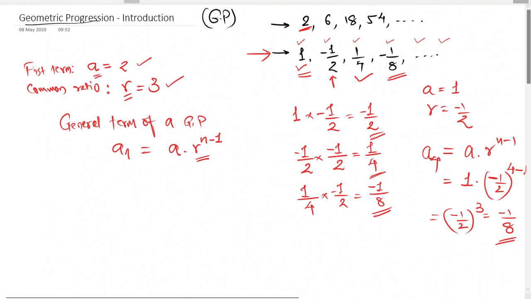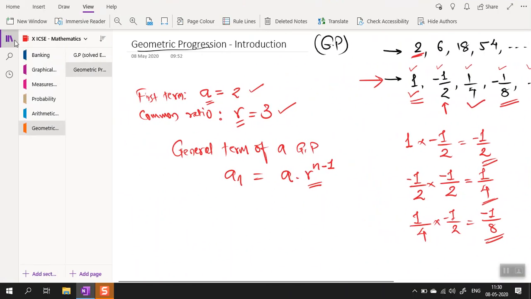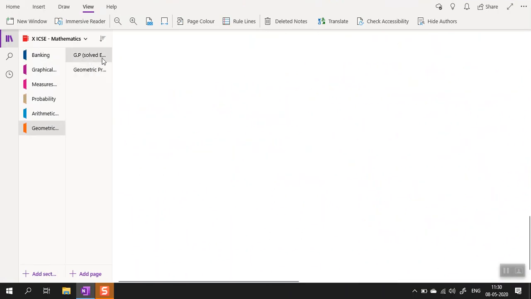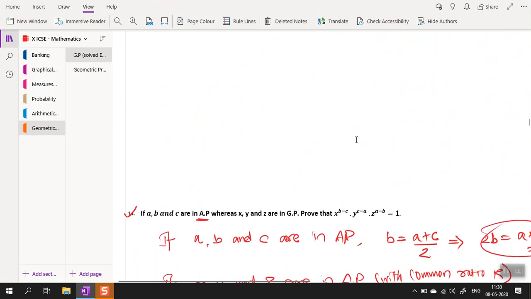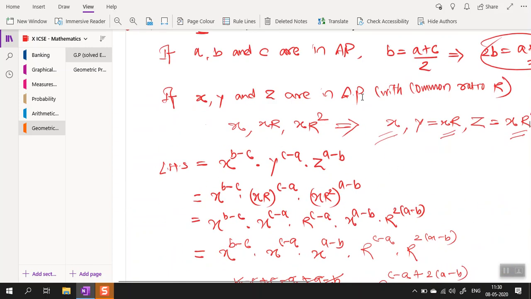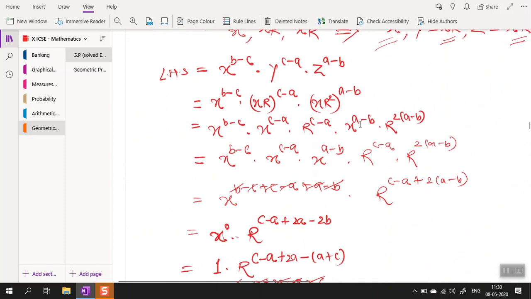Then we solved examples based on GP. We did 12 solved examples. Some of them were not part of your syllabus. So finish Exercise 11A, B and C.